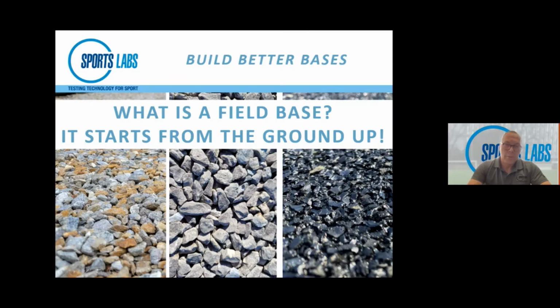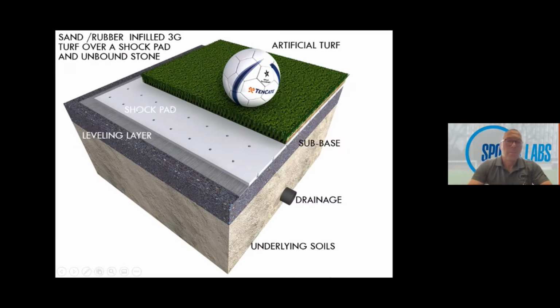So let's talk a wee bit about what a typical base construction looks like. Now there's many bases, and we'll come on to that in a minute, but typically you'd have a subgrade layer, you'd have subbase superimposed on top of that, the thickness and the type of materials dependent on the subgrade or the soils it's being founded on.